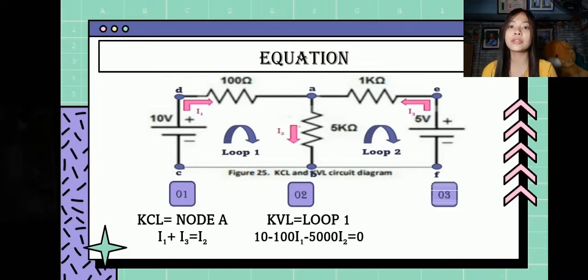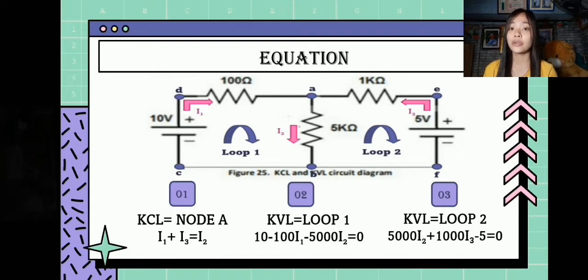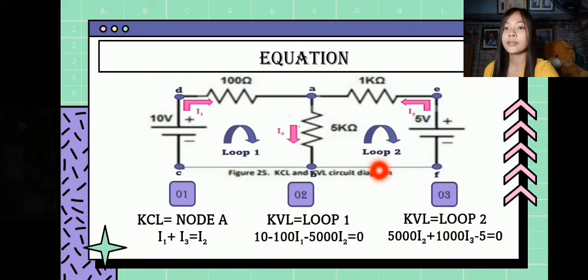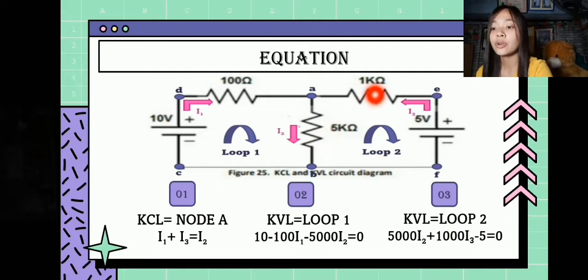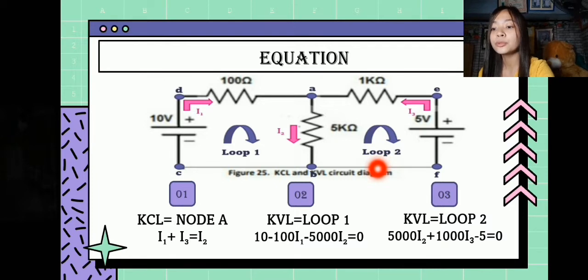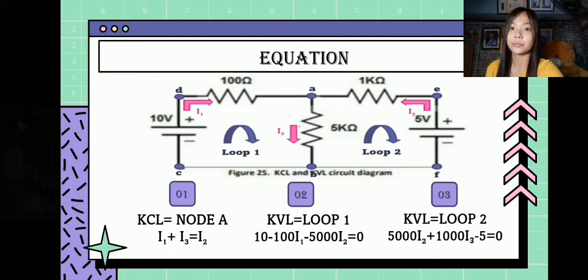And the next thing we will do is the third equation, which is the KVL loop 2. It's just the same process as on the other side. And here, we will start with B and we will end also with B. The first path or direction we will pass is 5,000 ohm, which is positive since I2 and loop 2 are opposite direction. And the next one we will pass is 1,000 ohms and it is also positive because I3 and loop 2 are opposite direction.